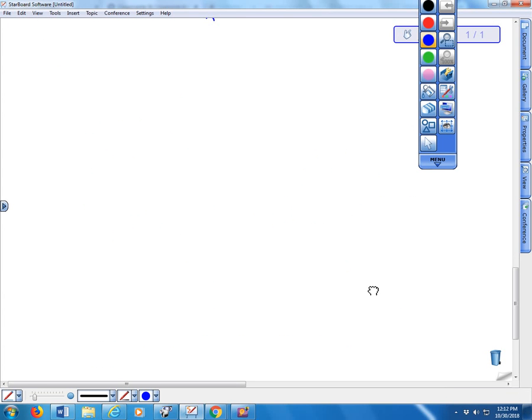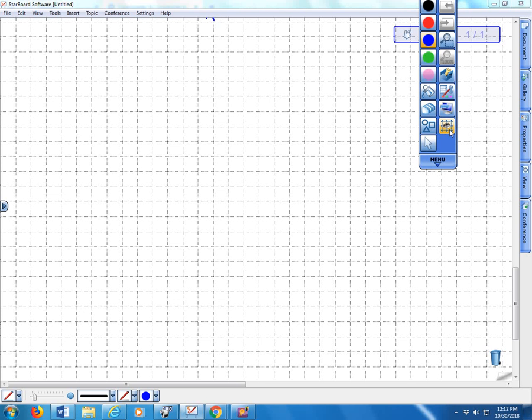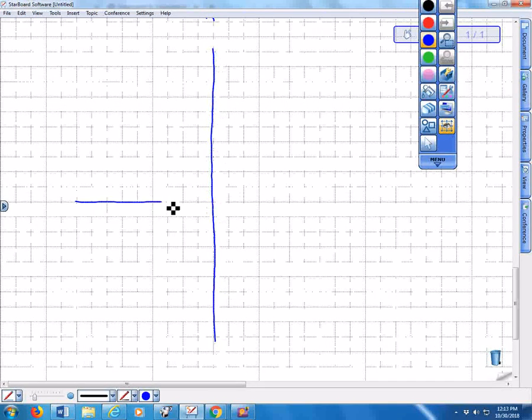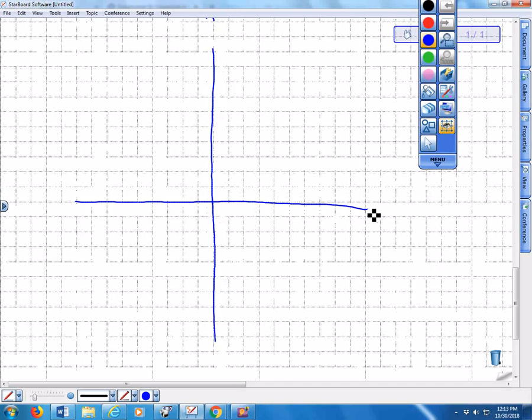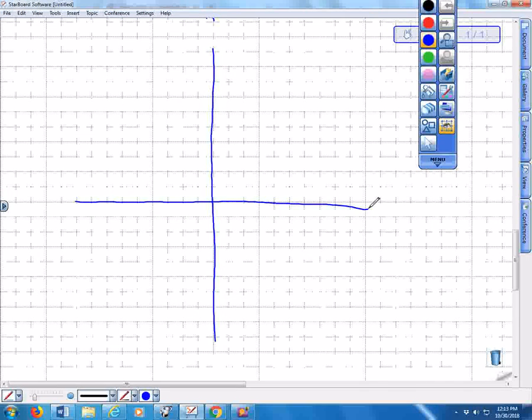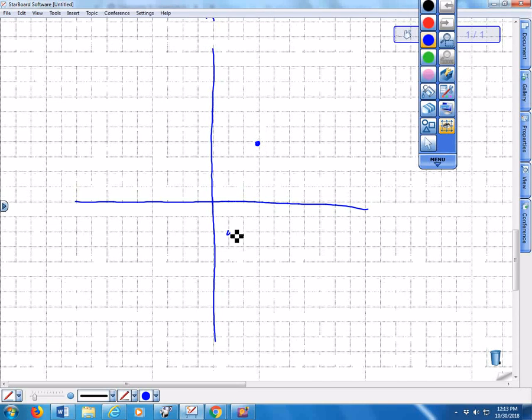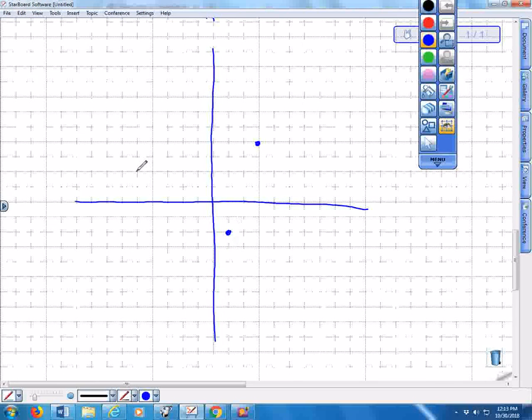So let's go through and do a problem where we're looking for the actual circumcenter, and you have to find the point. And I'm going to just pick points here and hope that they come out somewhat even.